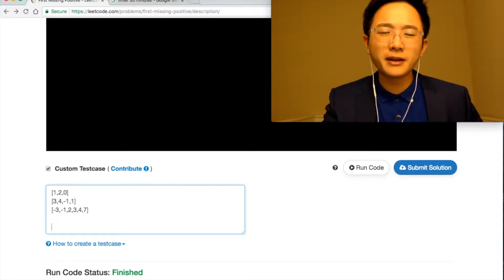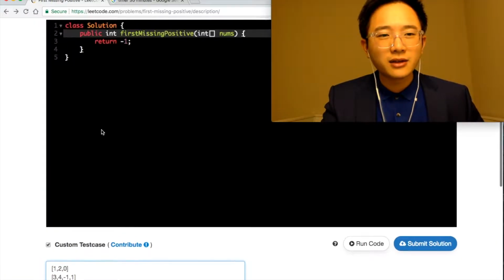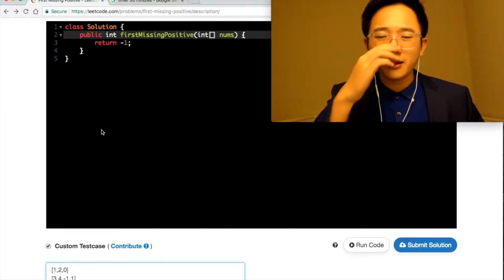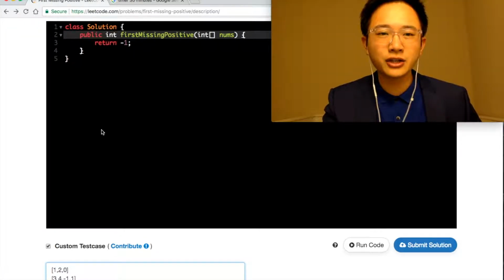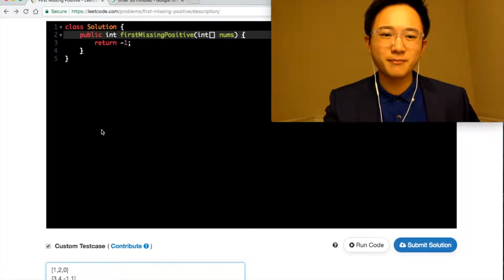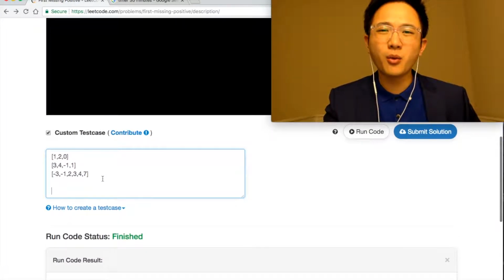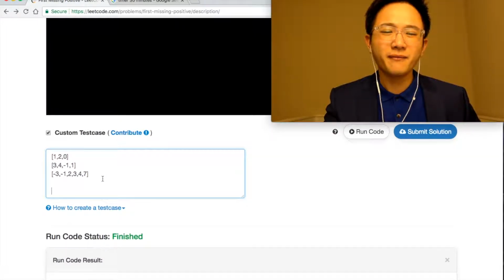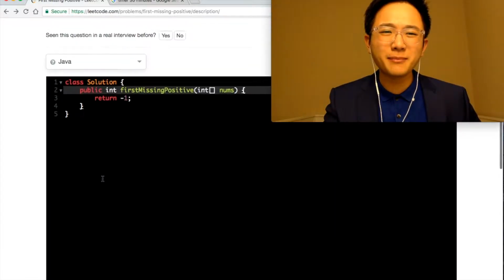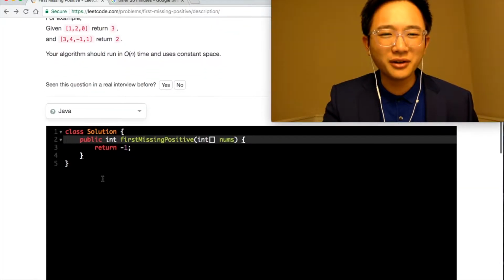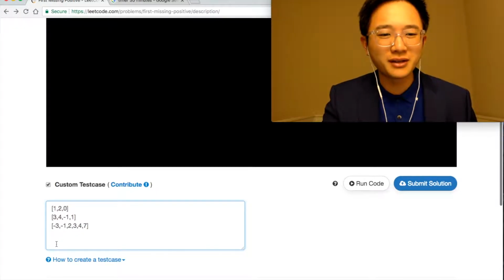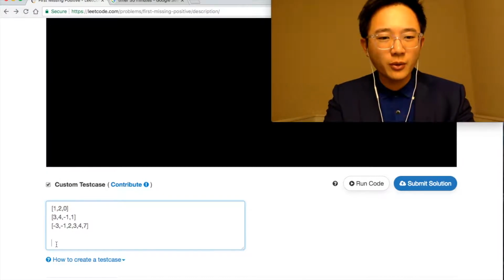When I interviewed with that big company, the interviewer gave me a hint that I should consider using some bucket. And at that time I didn't know what bucket sort is. I was like, why would I use a bucket for sorting? I was so stupid. Anyways, so we can use something like bucket sort.